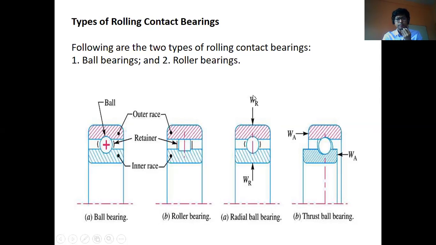In some books it is radial thrust, mentioned by PR and in some books by WR. So this is the radial thrust applied over the bearing due to the load it bears, and this is the axial thrust or axial load of the bearing material.